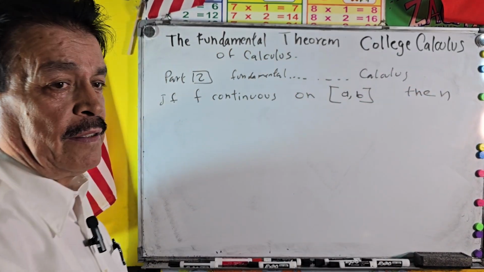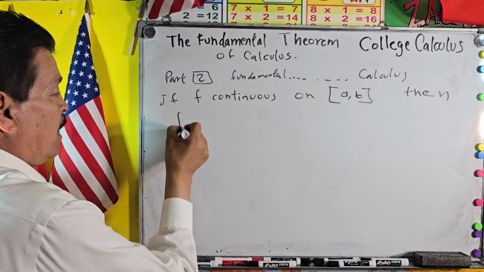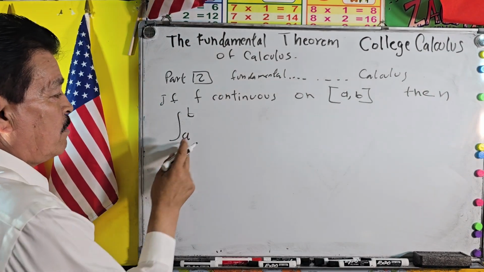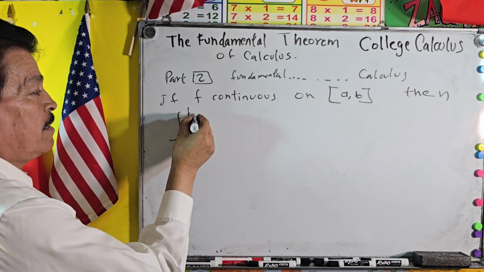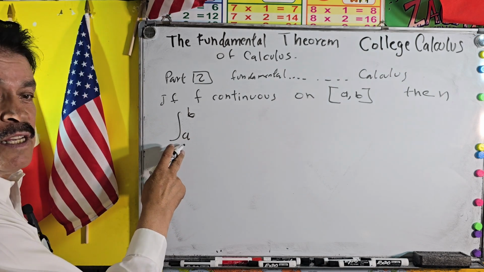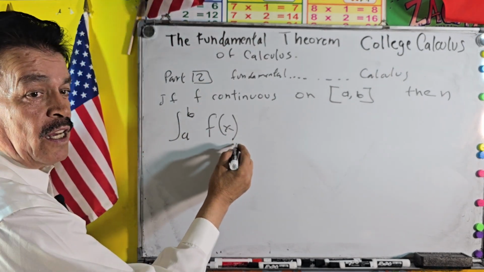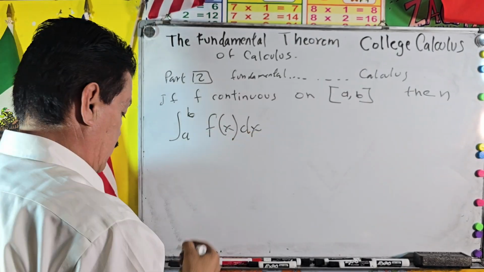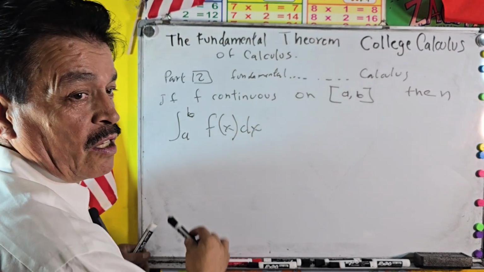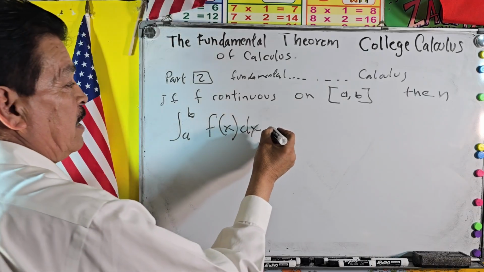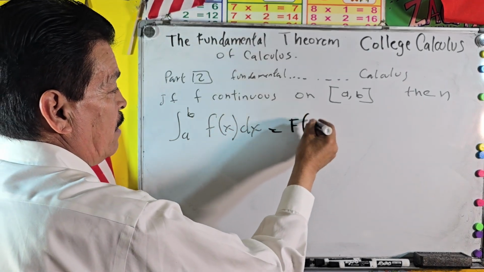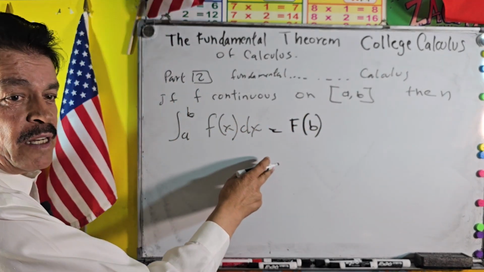the integral from a to b. Look at this, a b. Can you see it? a b f of x differential of x. Let me use this other marker, equals F of b minus F of a. All right, this is better, right?